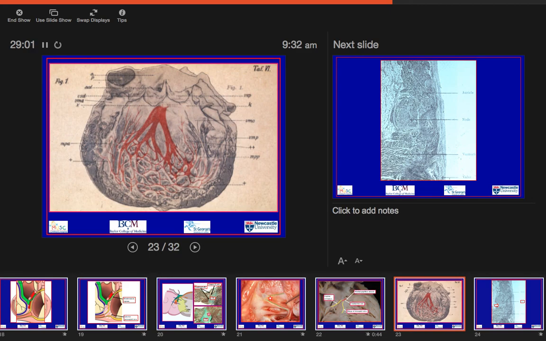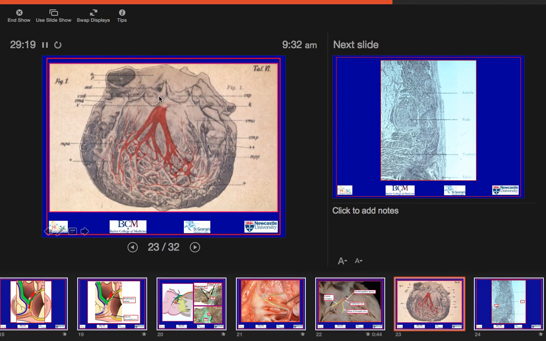And we cannot do better to understand the arrangement of the left bundle branch than to go back to Tawara's original monograph, and this exquisite picture is just one of the offerings from his monograph.